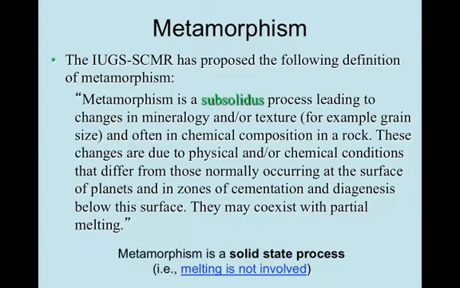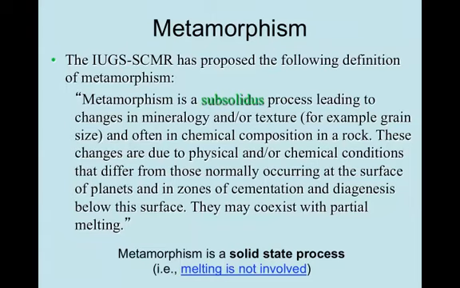The changes are due to physical and or chemical conditions that differ from those normally occurring at the surface of the Earth, and different from those processes taking place in zones of cementation and diagenesis. Diagenesis being those processes taking place in a rock after it's lithified, but before metamorphism starts. So very low temperature conditions where you might see changes in porosity, for instance.